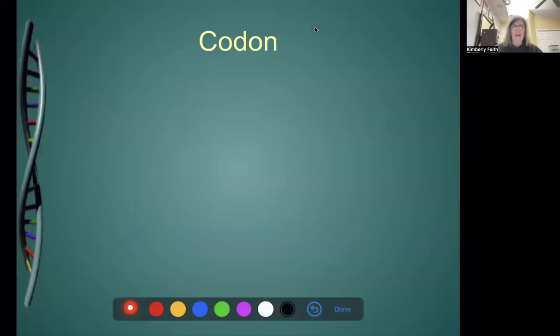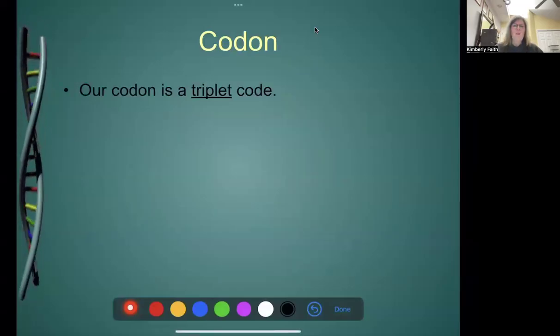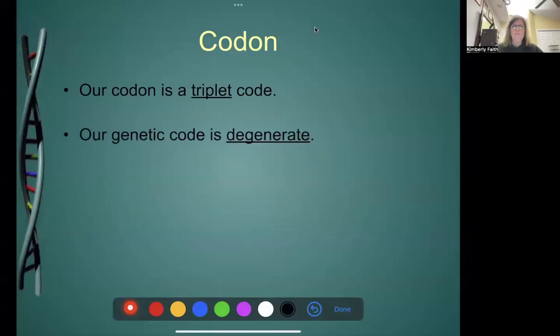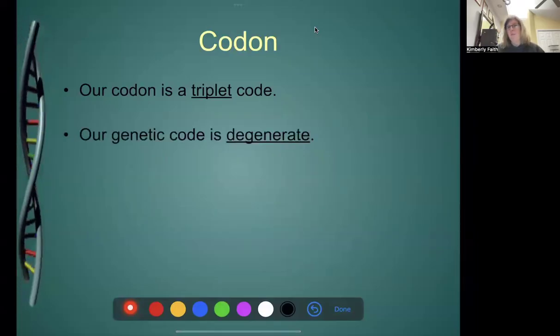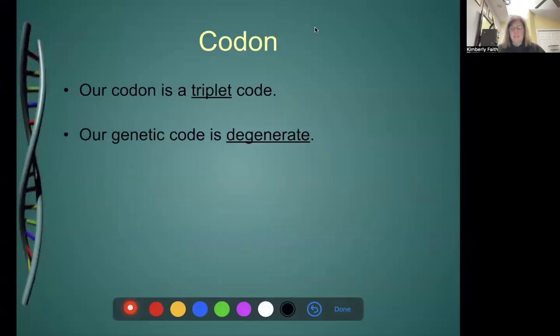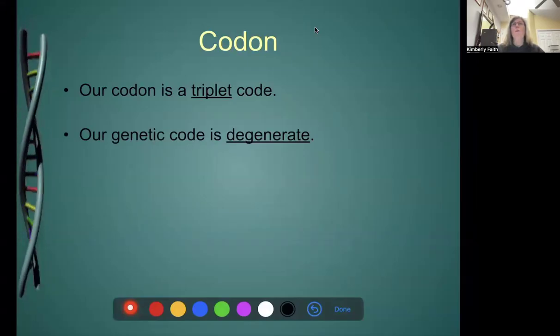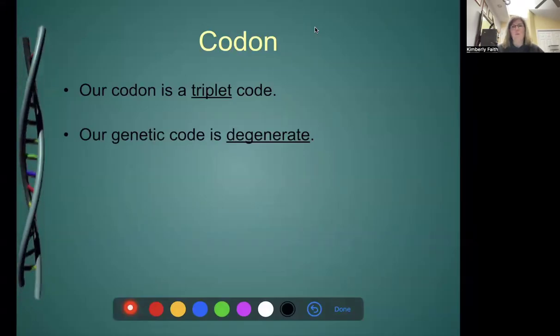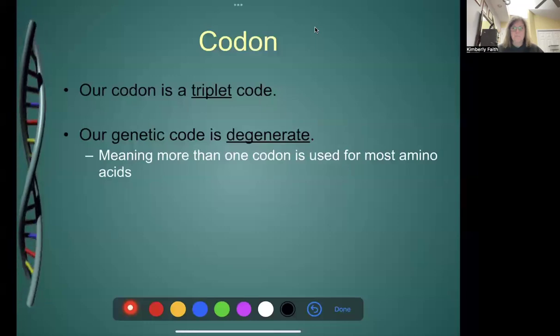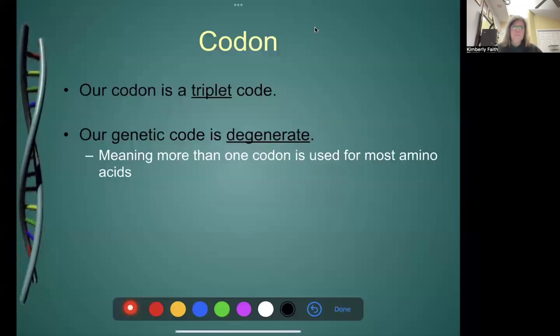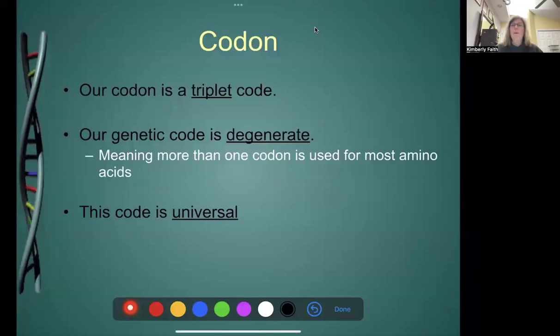So we have our codon, which is a triplet code. Our genetic code is what we call degenerate, because more than one codon codes for one amino acid. This code is universal.